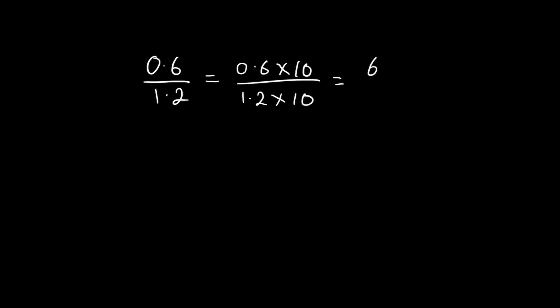This will become 6 over 12. Now we can simplify this regularly. We know both of these numbers are divisible by 6. So 6 divided by 6 is 1 and 12 divided by 6 is 2. This will give 1 upon 2.